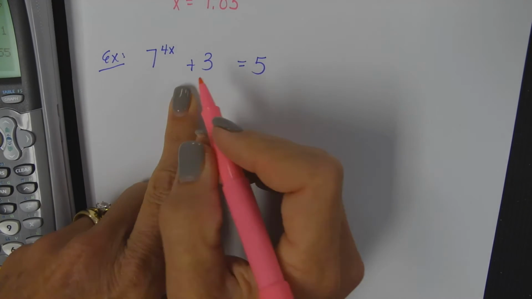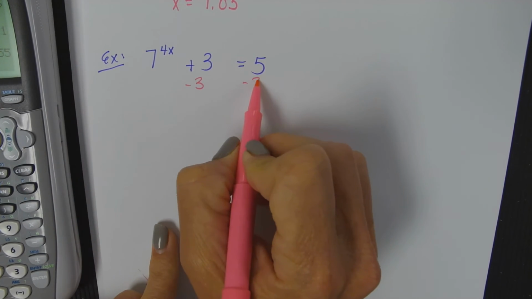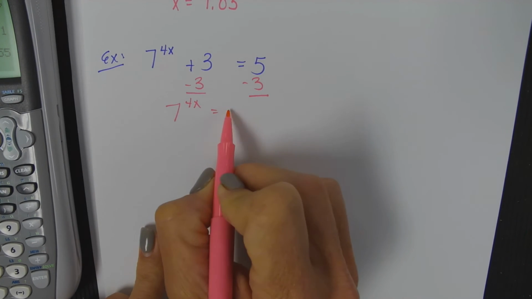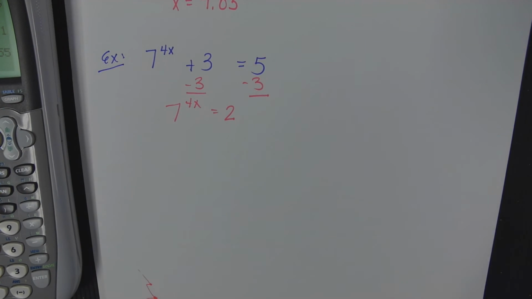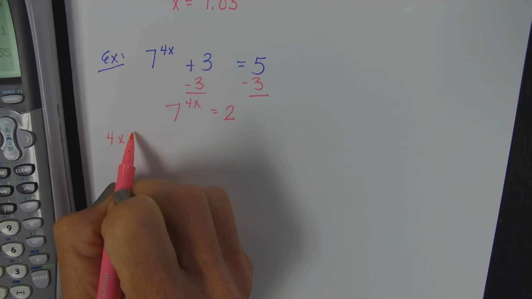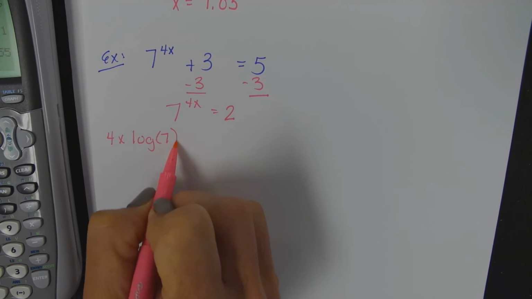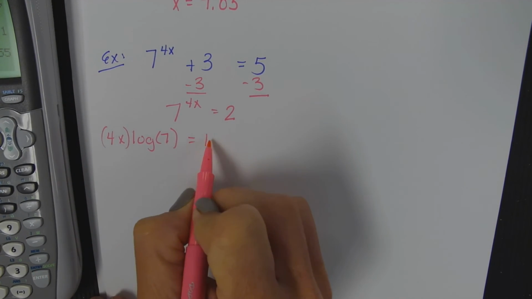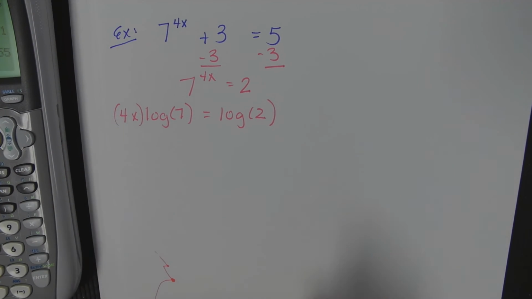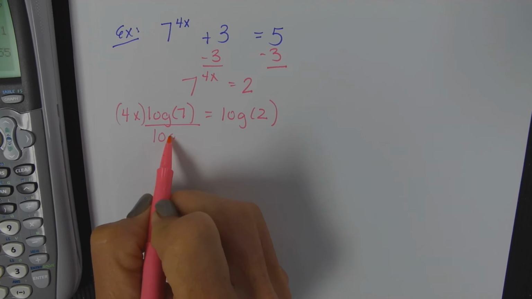First step for this one, we subtract 3, right? So you have 7 to the 4x equals 2. Now what? You should get here, 4x log 7 equals log 2. What do I do now? Divide by log 7 on both sides.